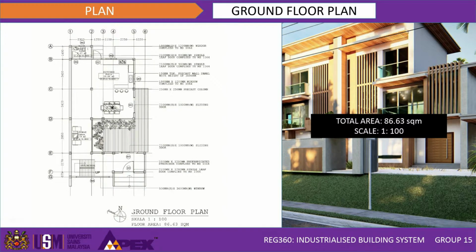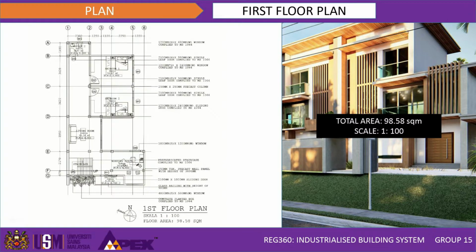So this is our ground floor plan with a floor area of 83.63 square meters. The detailed description is provided at the right side of the floor plan, as well as the first floor plan and also the second floor plan. Then will be the first floor plan with a floor area of 98.58 square meters.